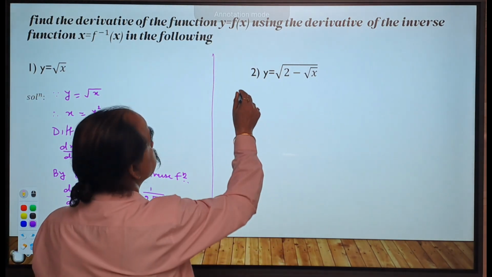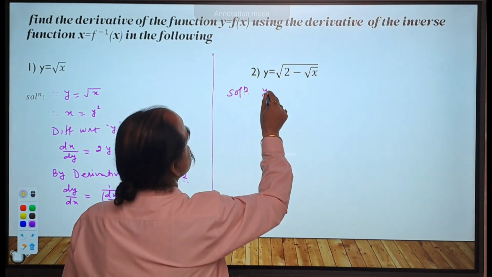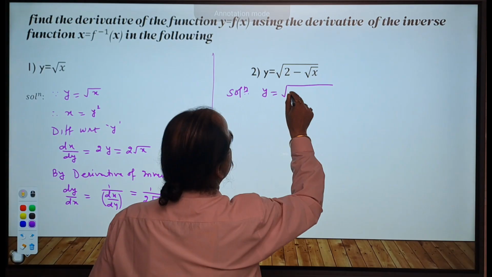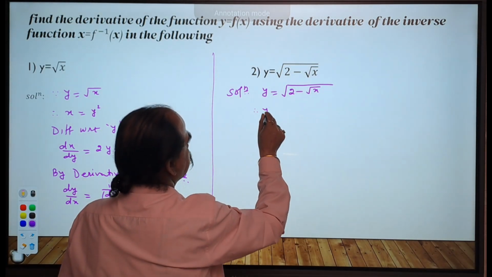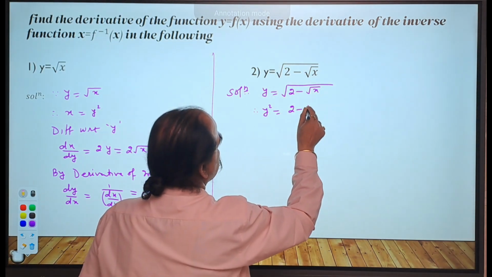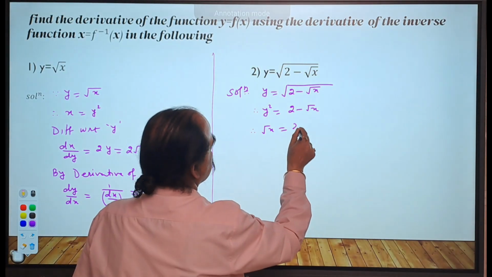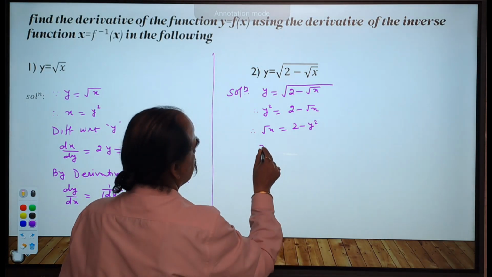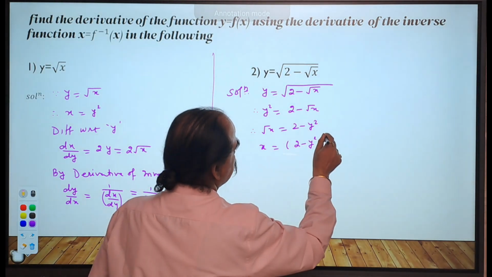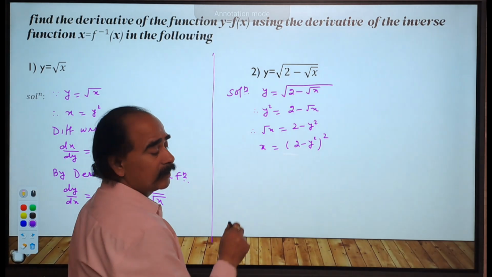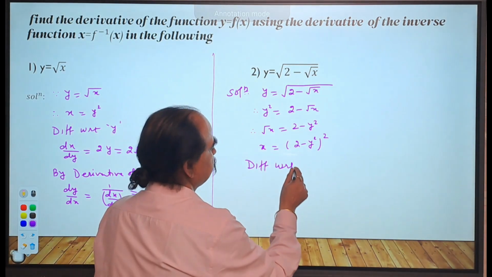See the second. y is root of 2 minus root x, so y square will be what? So root x is what? x is 2 minus y square raised to 2. Now x is a function of y. Differentiating with respect to y.